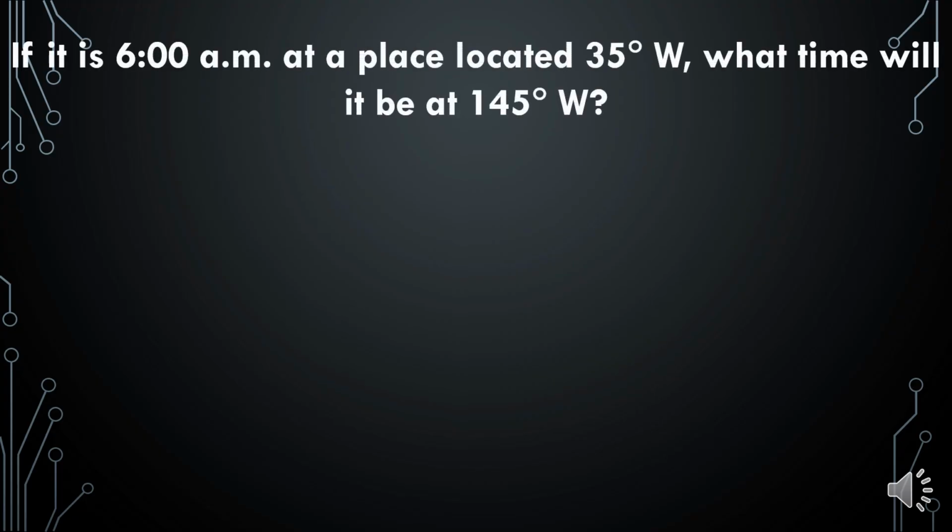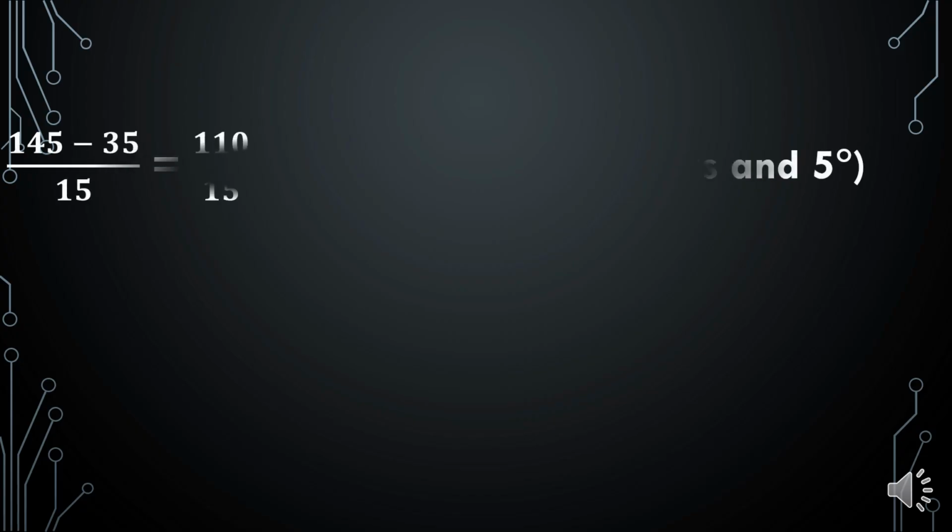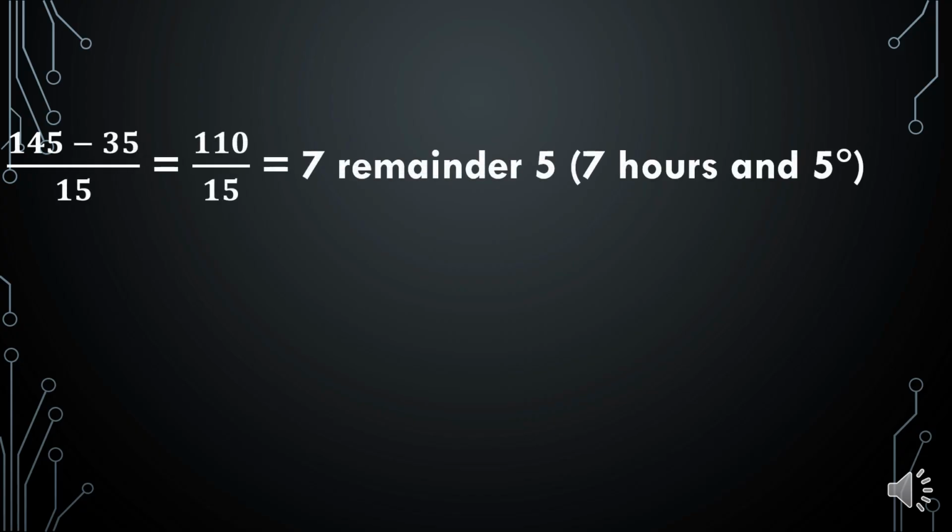If it is 6 a.m. at a place located 35 degrees west, what time will it be at a place located 145 degrees west? We work out our time difference by simply subtracting the lesser longitude, which is 35 degrees, from the greater longitude, 145 degrees, all over 15 degrees.